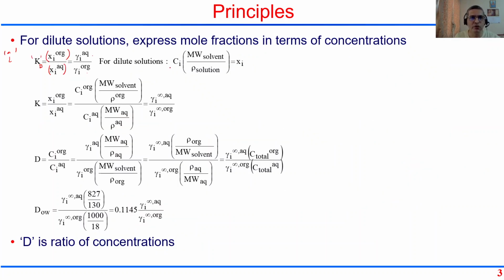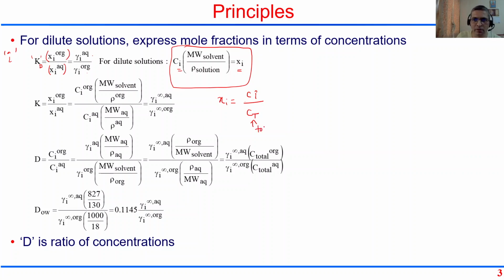Now, if you have a dilute solution, then you can always write concentrations in terms of mole fractions, right? Do you agree with that? See, mole fraction is nothing but concentration of the component I divided by the total concentration. Say, for example, if it is water, total concentration would be, if its density is 1000 kgs per meter cube, 55.5555 kilomoles per meter cube.